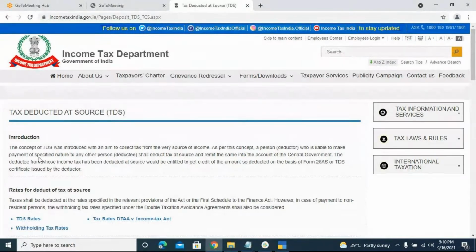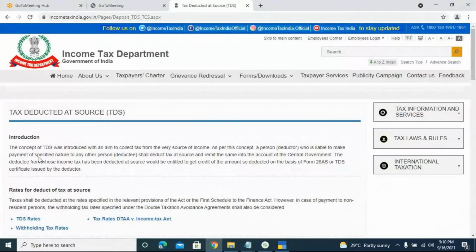Now, all of you would have been around when your parents are earning and getting monthly salaries. In case their income is subject to tax, annually they're getting more than 2.5 lakhs.